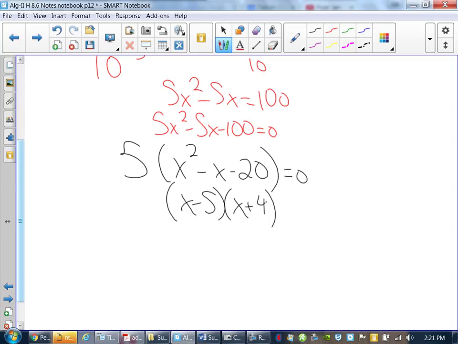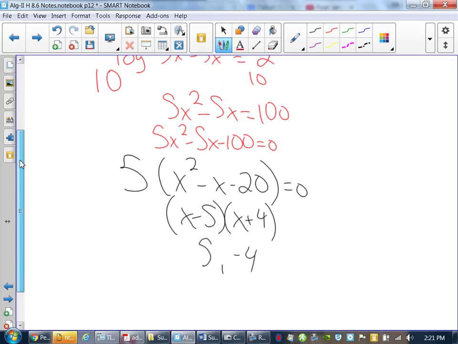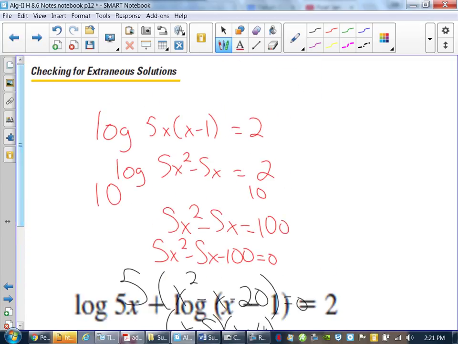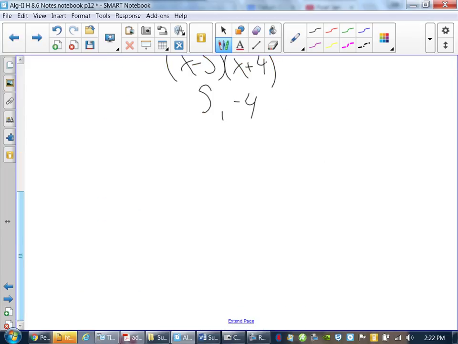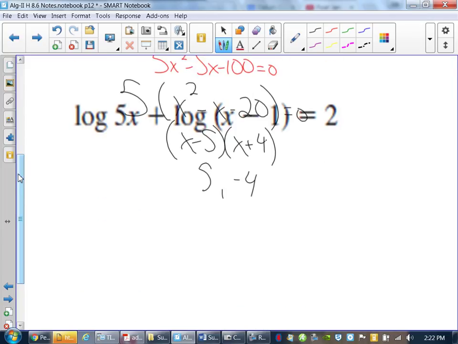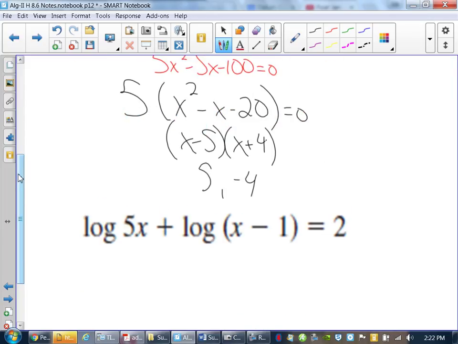Which gives you possible zeros at... Which means that, excuse me, I go all the way back to the beginning. Can I take the log of a negative number? Nope.